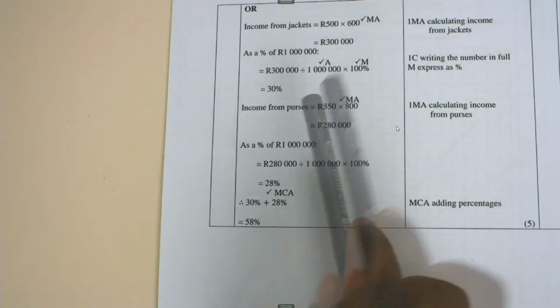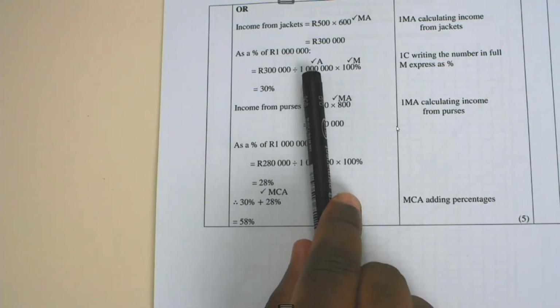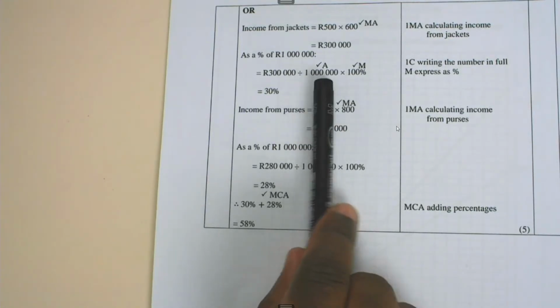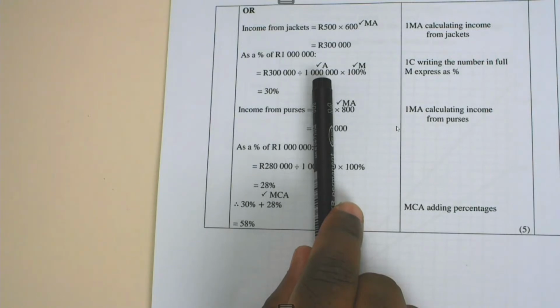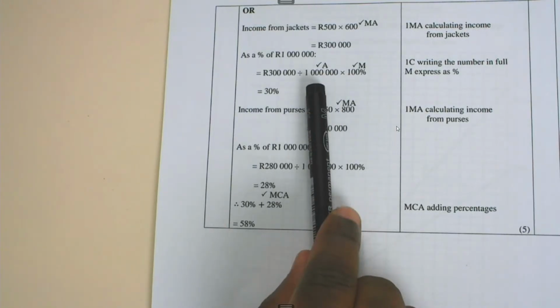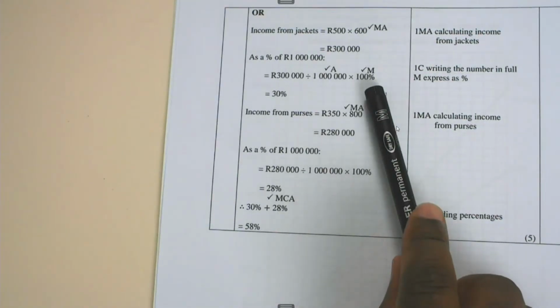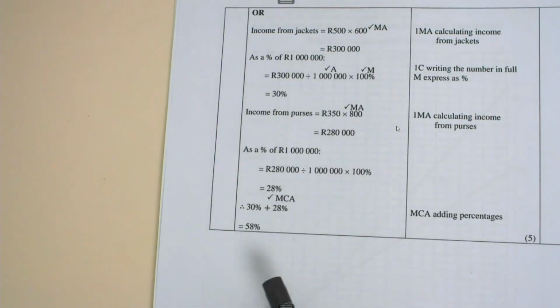Which number? The million. And it should be the correct number. When they write million correctly, they will get 1 mark. It's an accurate mark. And then for multiplying by 100, it's another mark for method. So the learner will get 3 marks there.